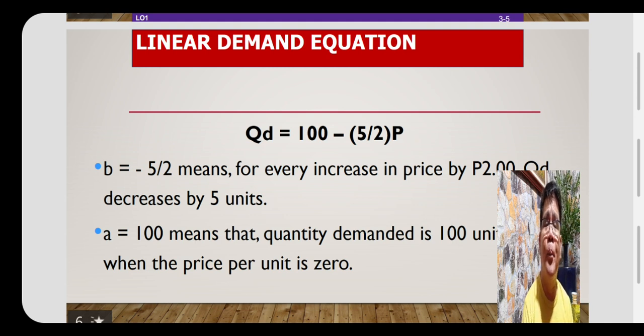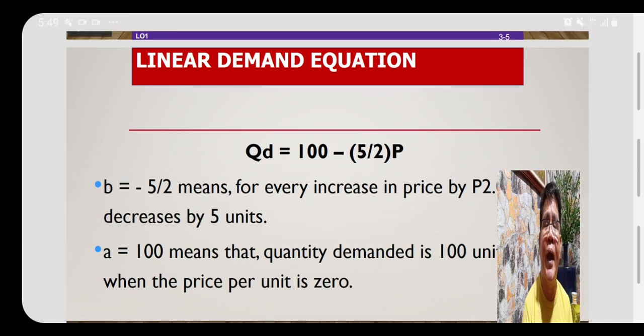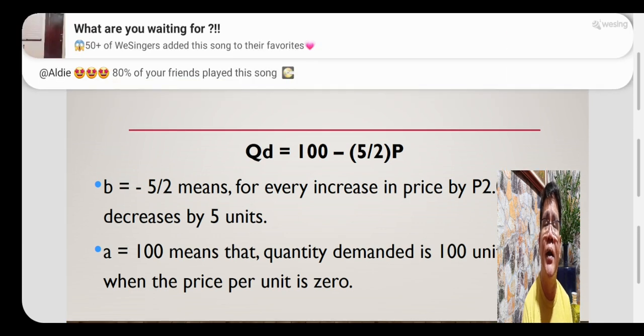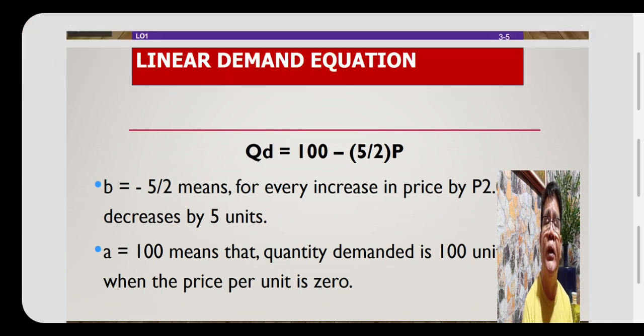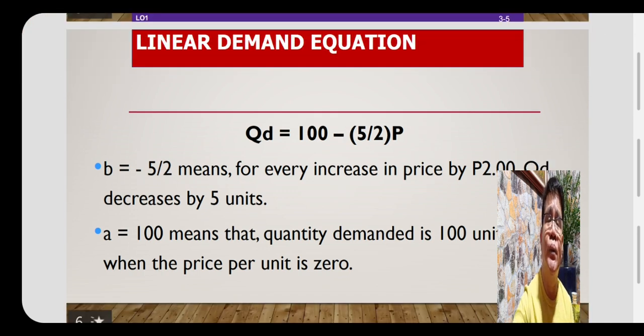So if price, the independent variable, is 0, quantity demanded will be equal to 100. Thus, A equal to 100 means that quantity demanded is 100 units when the price per unit is 0.